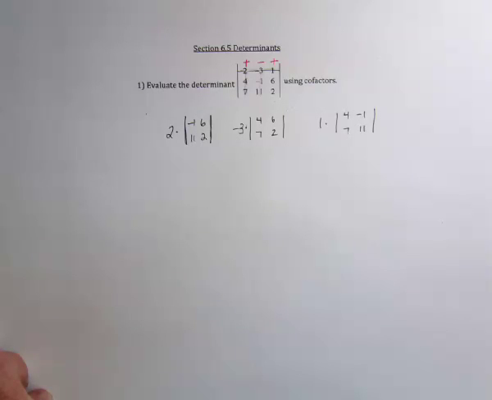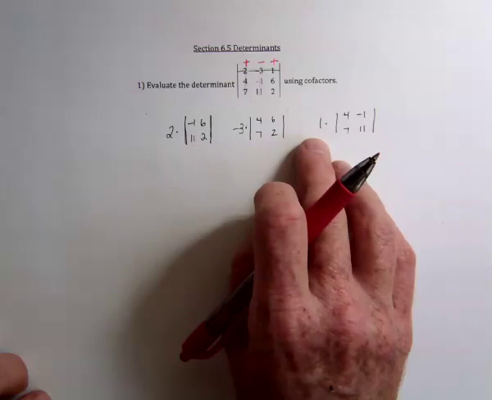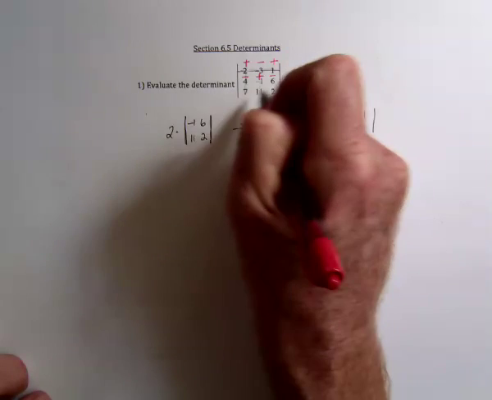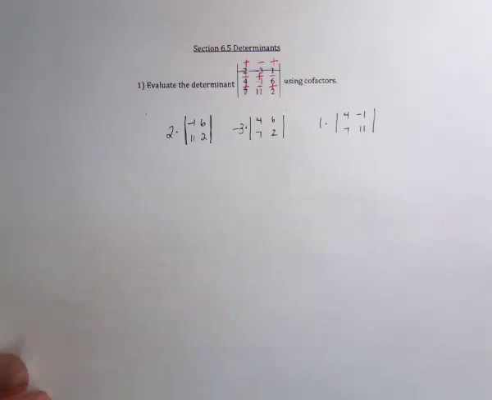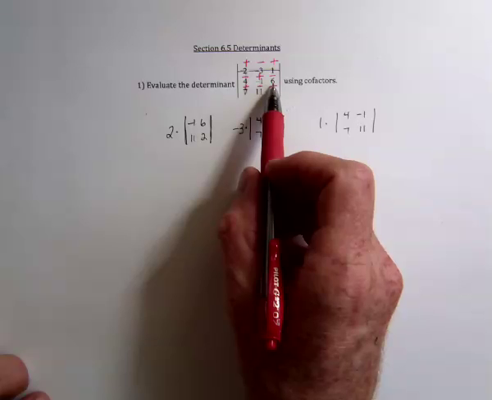In the 3 by 3 determinant, the signs that we attach to these things have to alternate. And in fact, they have to alternate throughout the whole determinant. So if you were to use the middle row instead of the top row, the numbers in front would be a 4, a -1, and a 6.